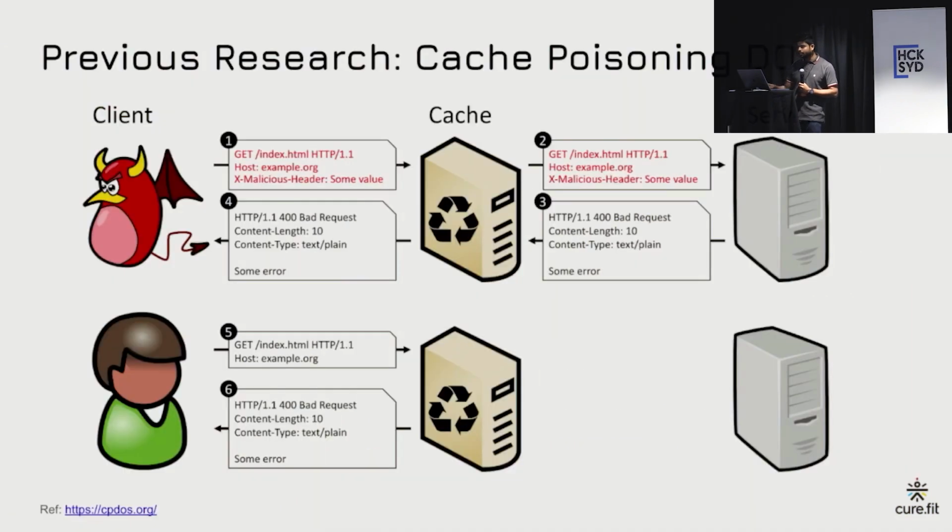Previously, a few researchers have already presented on the cache poisoning attack, where they showed how a cache server can be tricked into serving a lot of unintended data to legitimate customers, which should not be done.